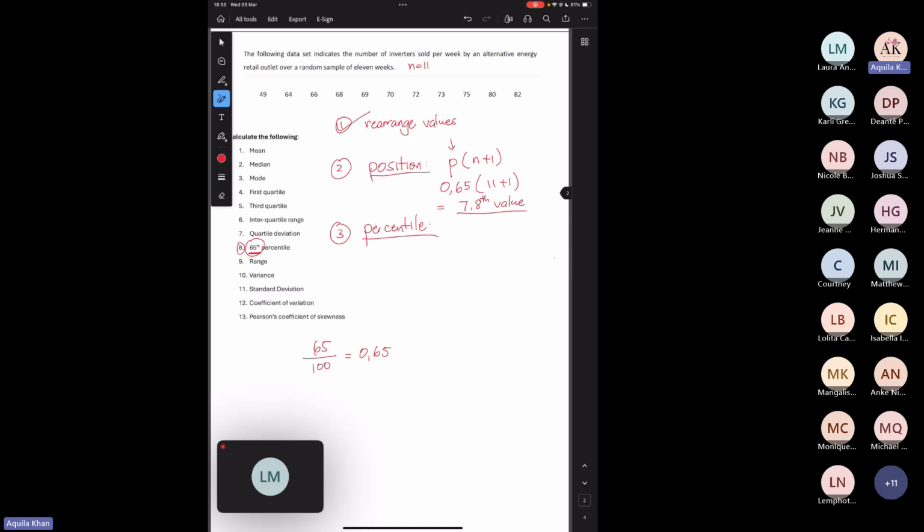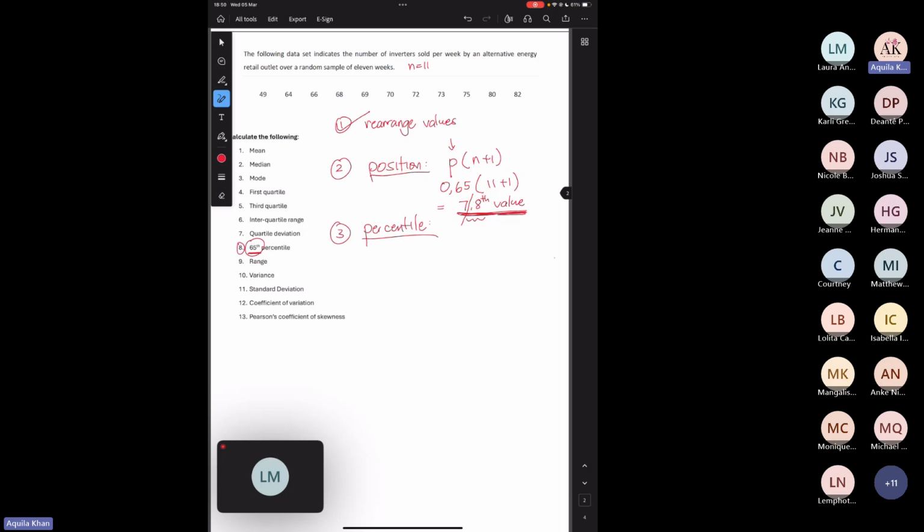Now, as you can see here, this is looking a bit different to what we saw with your median and your quartiles. So whenever you get a decimal, and you'll see that sometimes even for your quartiles, you might get a decimal, all you're going to do is firstly split that position. What do we mean by that? We mean separate the 7 from the 0.8.